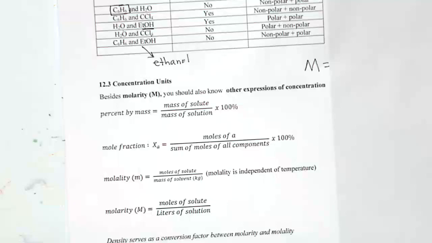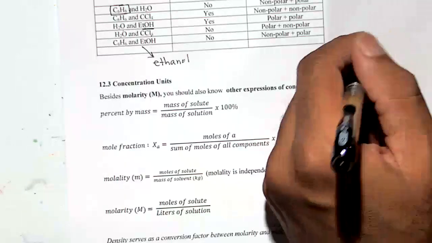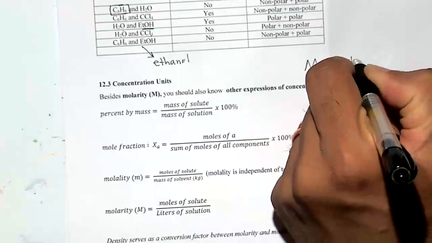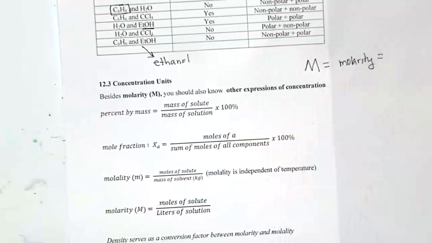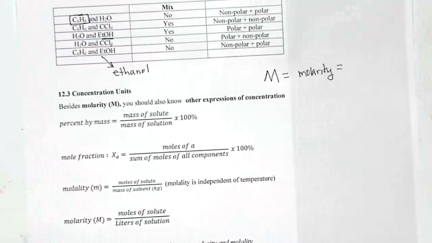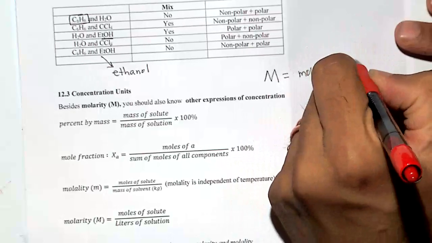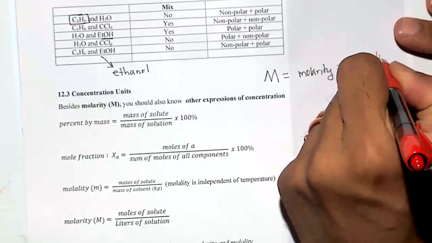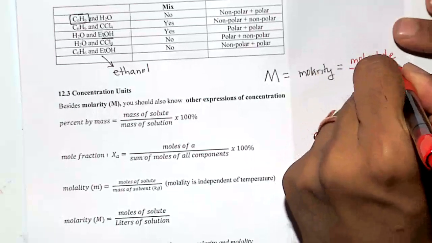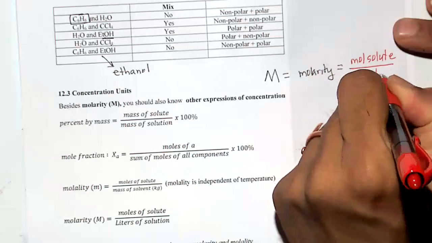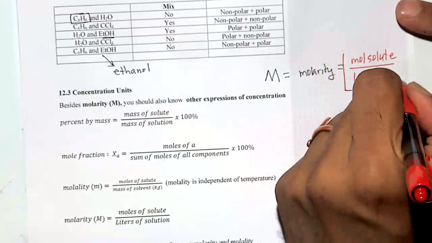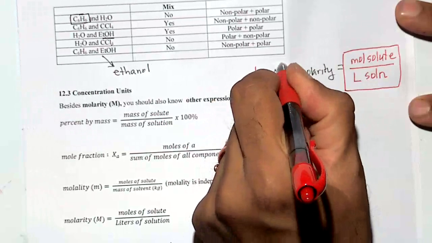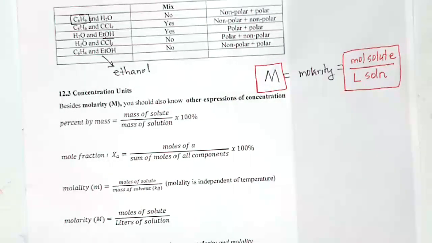Let me make it a little bit more specific. Molarity is moles per liter. It's big M, which is very good, but let's be more specific. It's actually moles of solute per liter of solution. We'll go with this one for molarity, big M. Moles of solute over liters of solution. This is what we're going to call molarity.